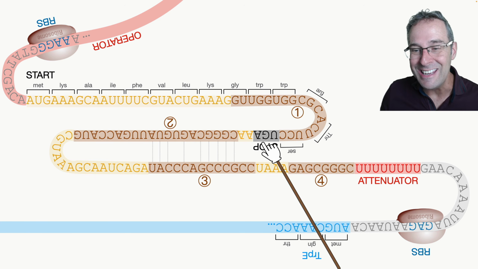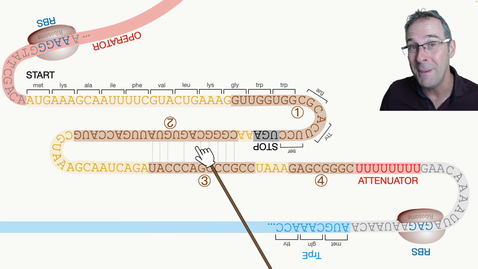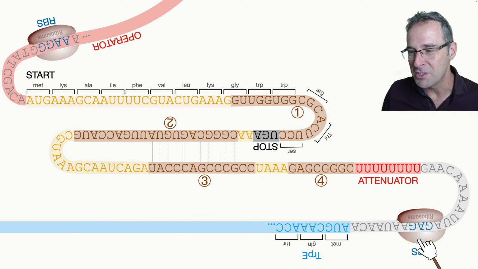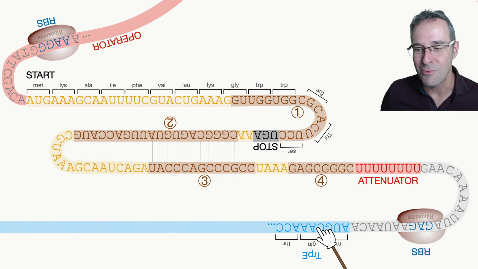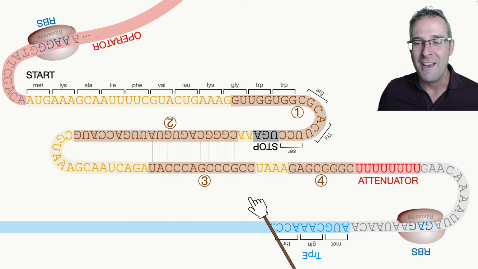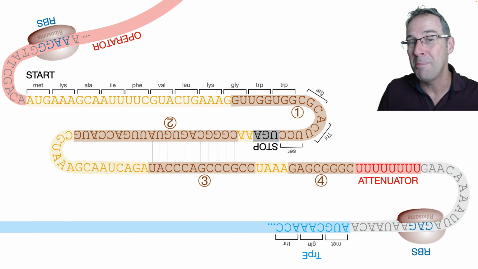It doesn't need to get past the stop codon, and it doesn't need to get past this hairpin because there's another ribosome binding site here before the TRPE gene begins. And so another ribosome will just latch on there and start running along here, translating the TRPE gene. And that will be the case for all of those structural genes, some of which overlap with others.